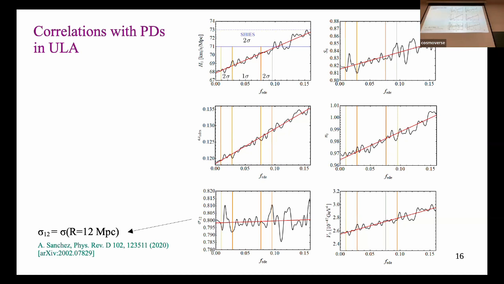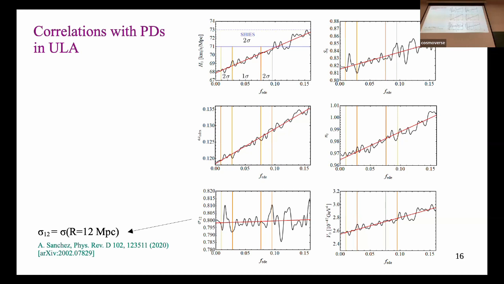Why? Because omega_m can be kept at very similar values as in ΛCDM, and it's omega_m and not this quantity which enters the equation of the matter density contrast. Okay, if we are able to keep omega_m constant, the amplitude of the power spectrum will not change that much. And this is what we observe here. There is no correlation at all between f_EDE and sigma 12.